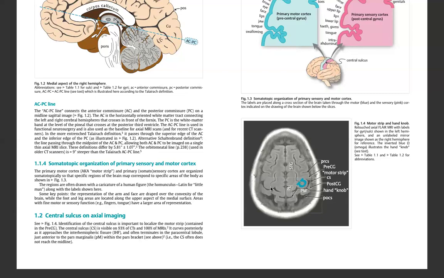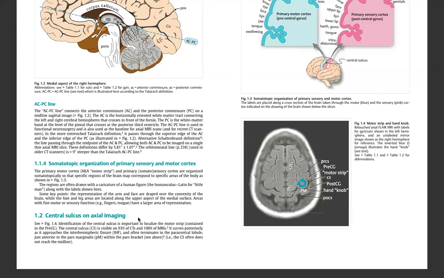You see that classical omega sign, and that gives you the central sulcus. Anterior to the central sulcus is the motor strip. So it helps you plan surgery and delineate a lot of things in the patient. Yeah. So essentially that's it.